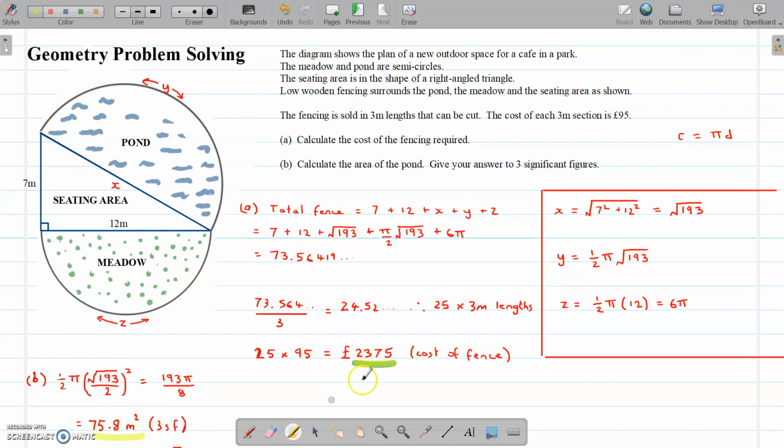If you rounded something too early on, you might have ended up with, say, 75.7 or 75.9, and then you would have lost the accuracy mark, because the true answer to 3 significant figures is 75.8. So don't take the risk of rounding things off earlier on before you need to.